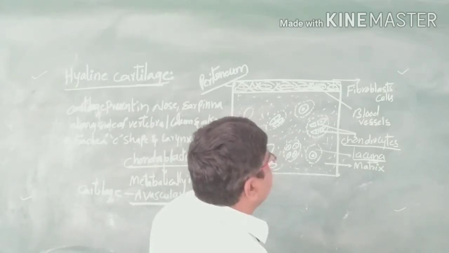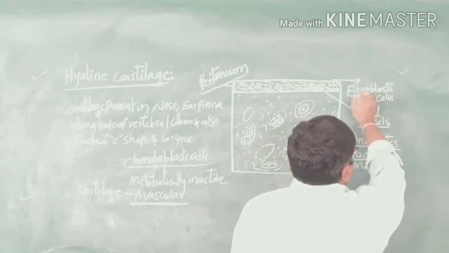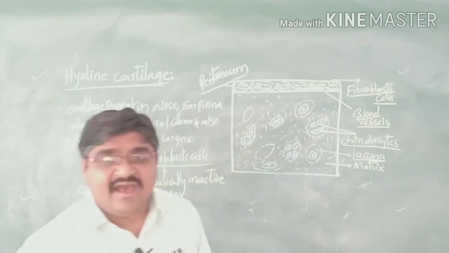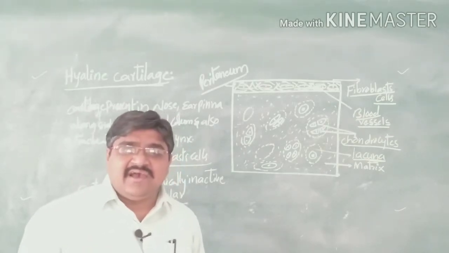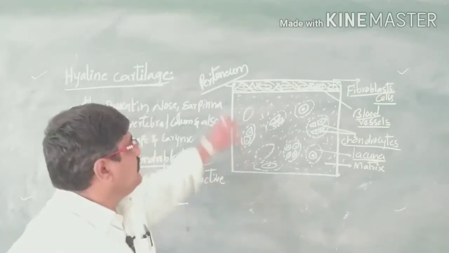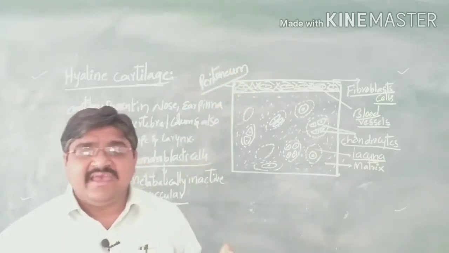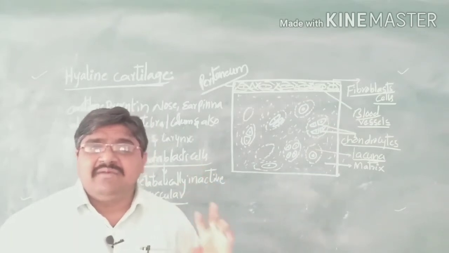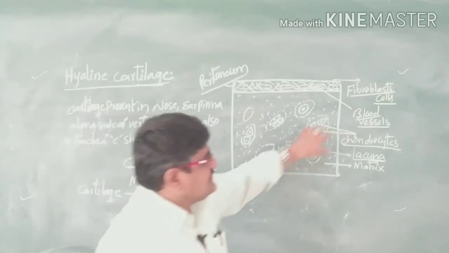This perichondrium layer consists of blood cells as well as fibroblast cells. So the perichondrium is a vascularized layer, having a rich blood supply, and it also consists of blood vessels.